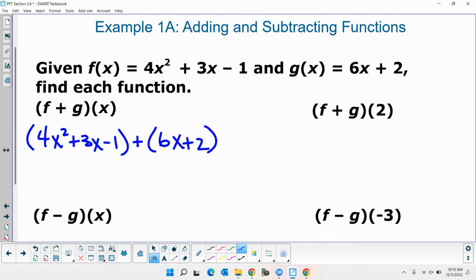No. So our first term would be 4x squared. Anything I can add to 3x? The 6x. What's 3x plus 6x? 9x. Any constants? Yes. -1 plus 2 is +1. So you just added those two functions.